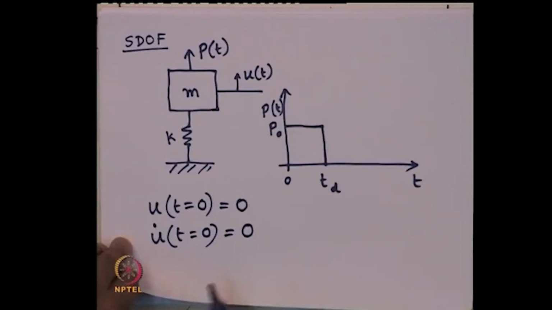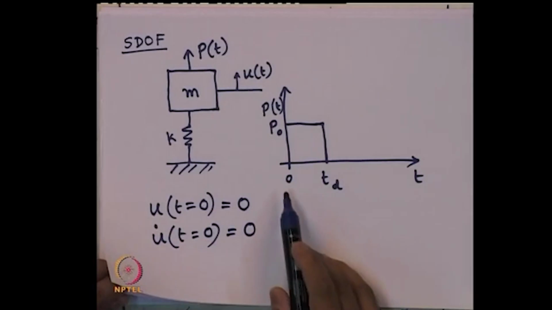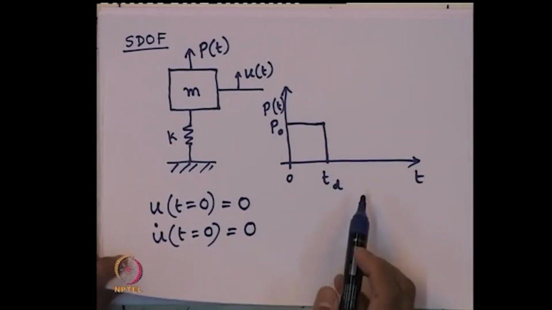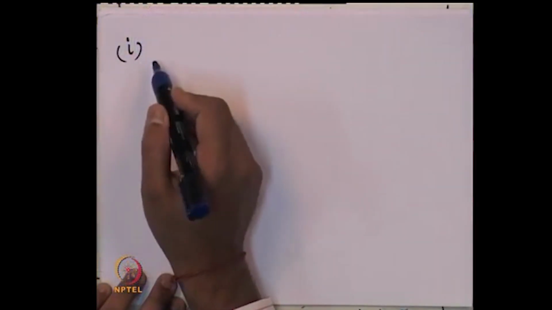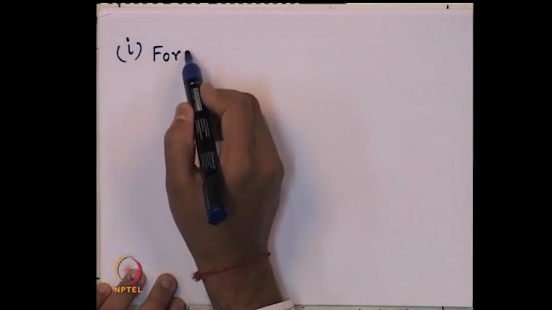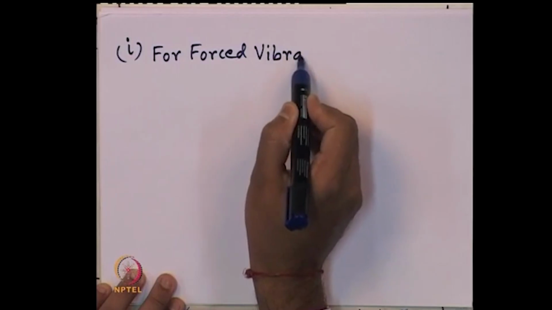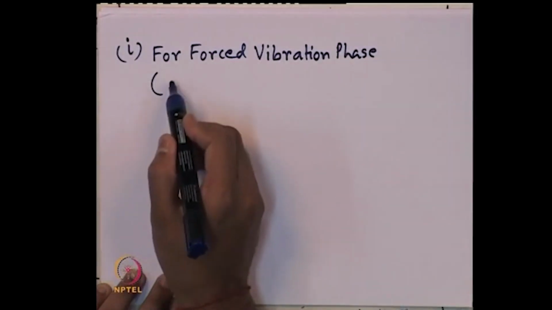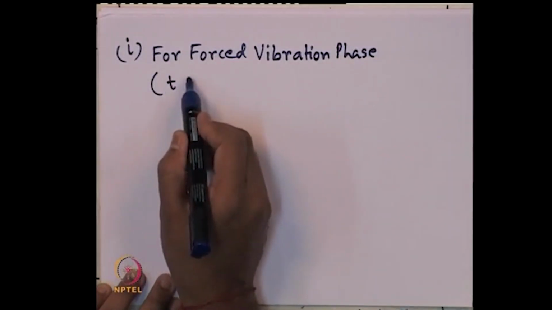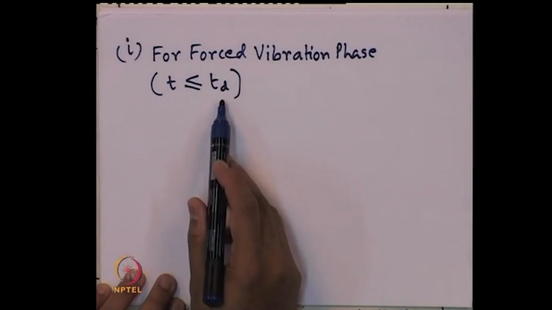Now, as we have already identified, it has two phases of vibration. One is the forced vibration case up to time t_d, and then the free vibration case beyond time t_d. Let us see how the variation is occurring. So, let us consider the different portions, first the forced vibration phase, that means any time t should be less than or equal to t_d, because force is acting till the time t_d.